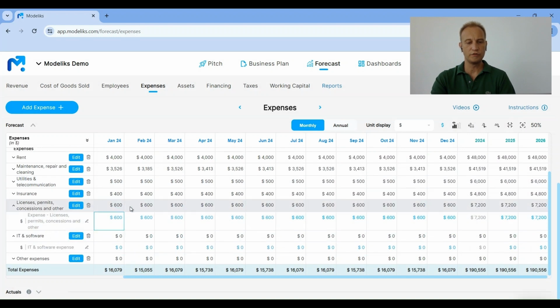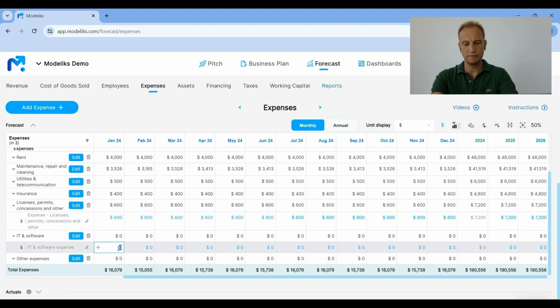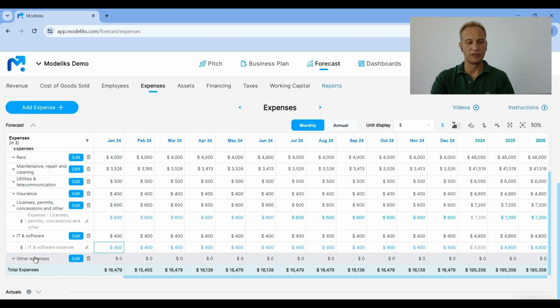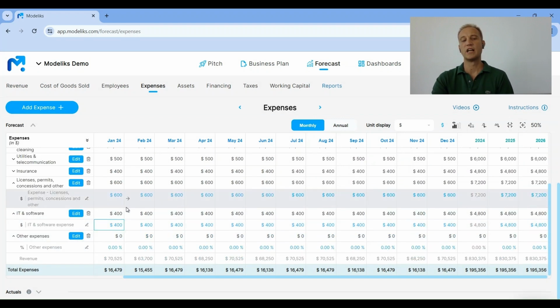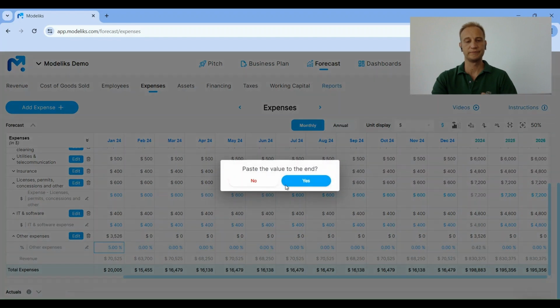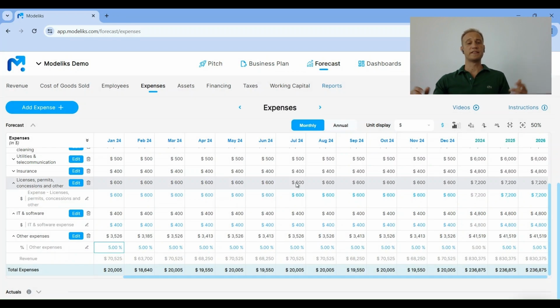IT and other software, about $400 per month. Paste that to the end. And then other expenses, usually calculated as percentage of revenue. So we'll say that another 5% of our revenue will go into other expenses for our restaurant. And with that, now we have calculated the total expenses for our restaurant.